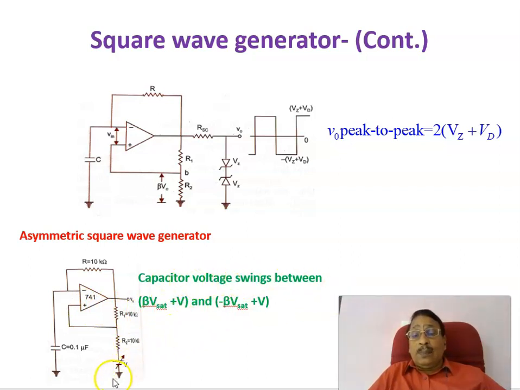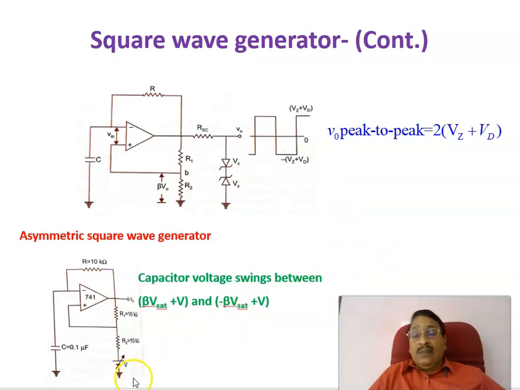In that case, if you apply a reference voltage V here, in the previous case the capacitor voltage was changing from minus beta VSAT to plus beta VSAT, then discharging from plus beta VSAT to minus beta VSAT.